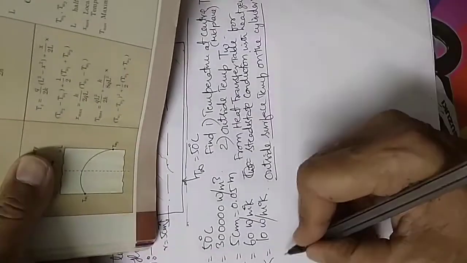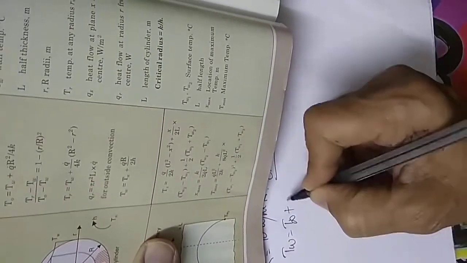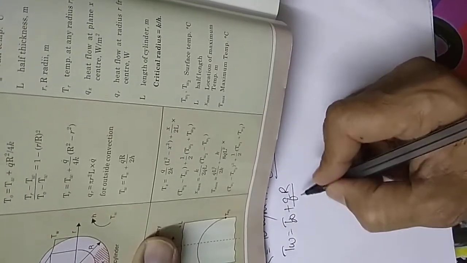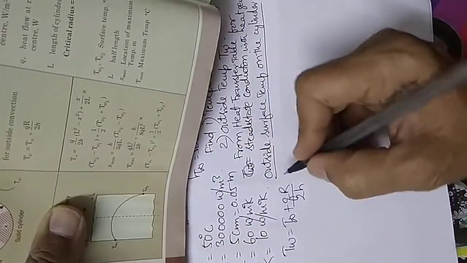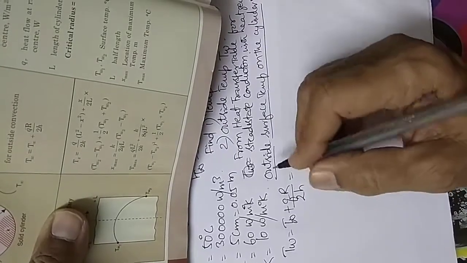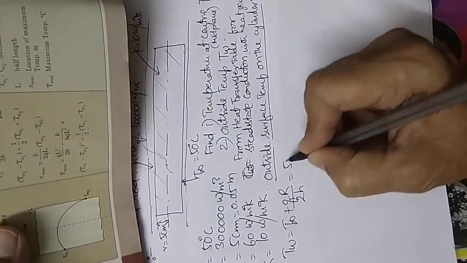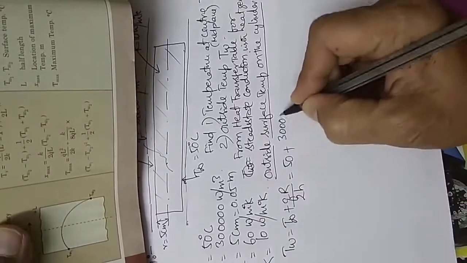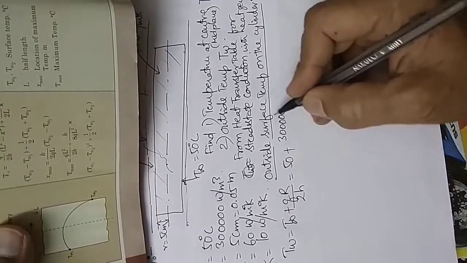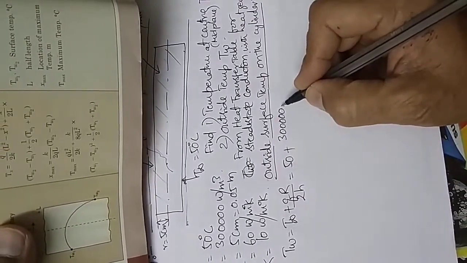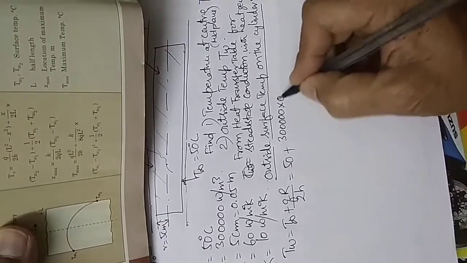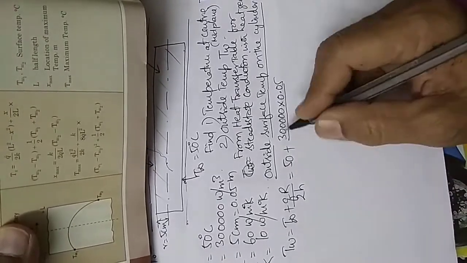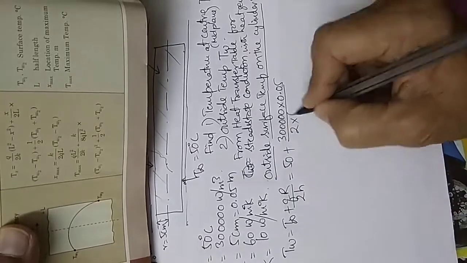So here the formula is TW is equal to T ambient plus QR divided by 2H. If you substitute these values, T ambient is given as 50 degrees, plus Q, that is the rate of heat generation, is given as 3 lakh watts per meter cube, and R is given as 0.05 meters, divided by 2 into H, which is given as 60.